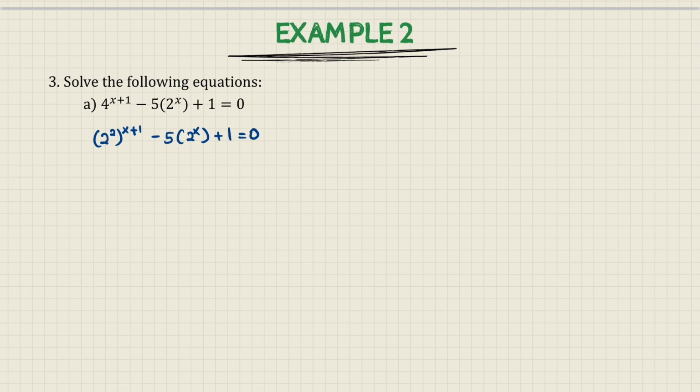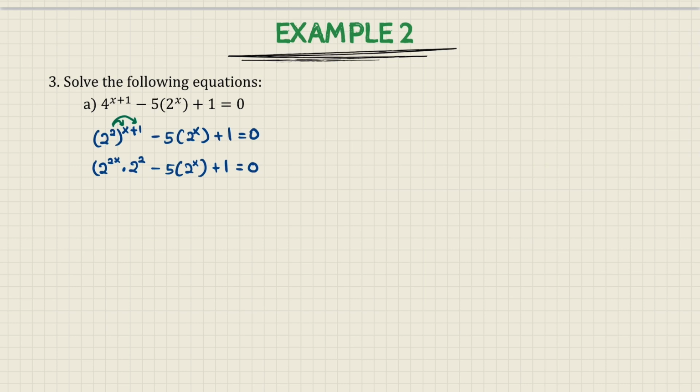Tapi sebelum itu, using the properties of indices, power ini kita boleh darab keluar ataupun darab masuk power dia. And now we have 2 to the power of 2x multiplied by 2 to the power of 2, minus 5 2 to the power of x plus 1 equals to 0.